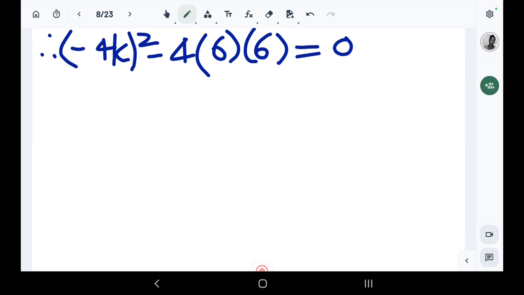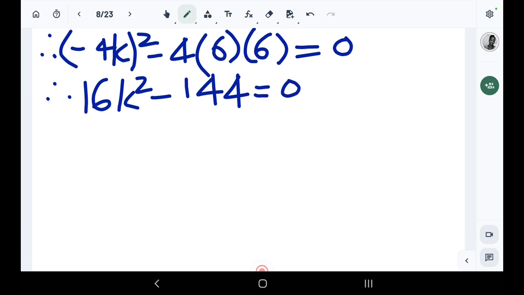Now we solve. Therefore, negative 4k all squared, that is 16k squared, minus 4 times 6 times 6, that is 144, equals 0. Now if you notice, this is a difference of 2 squares. If you need help with factorization of the difference of 2 squares, I did a whole video on grade 10 factorization that covers all types of different methods of factorization, and this is one of them.